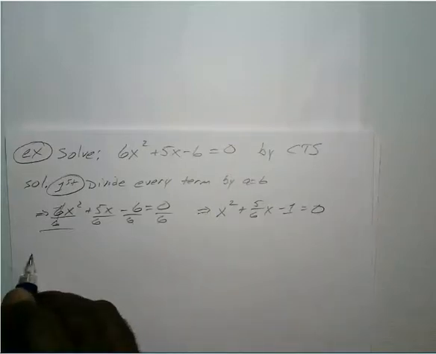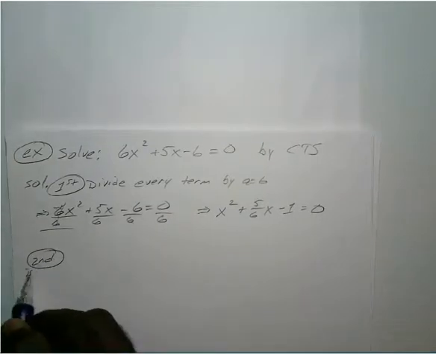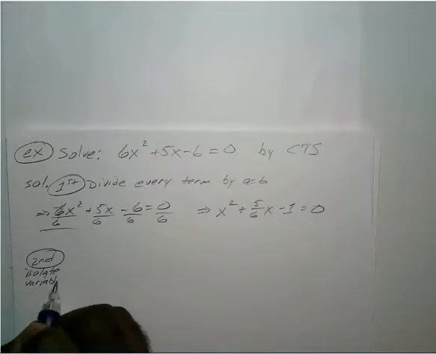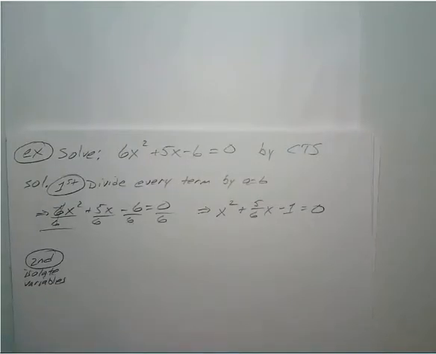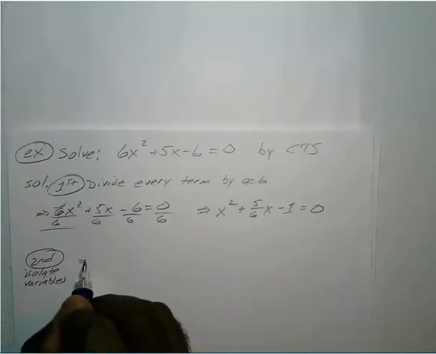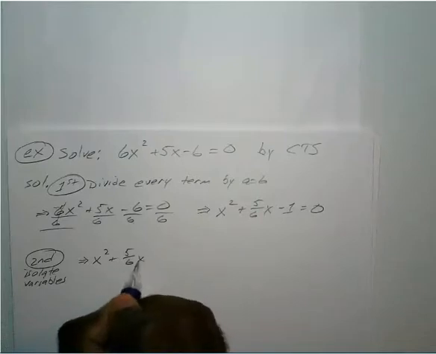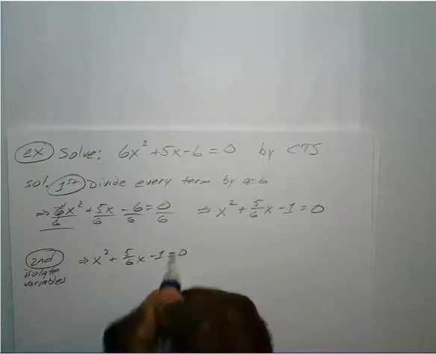Okay, so that brings us to our second step, which is to isolate the variables. So our x squared plus 5 over 6x minus 1 equals 0.